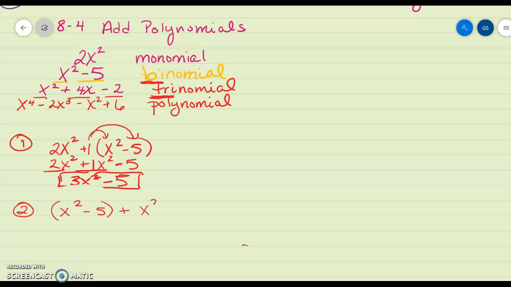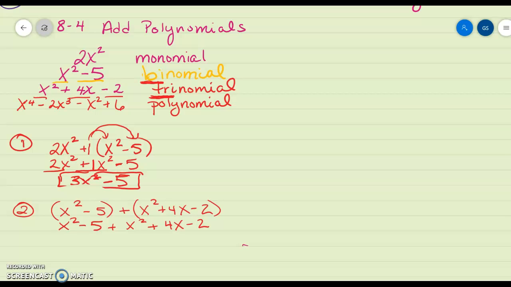We're going to add x squared plus 4x minus 2. All right, so first step, drop the parentheses. x squared minus 5 plus x squared plus 4x minus 2.